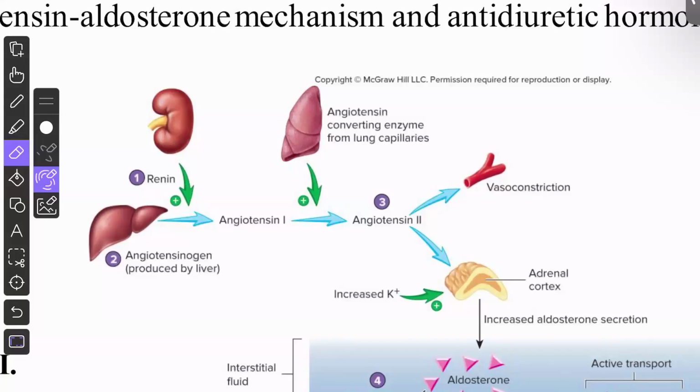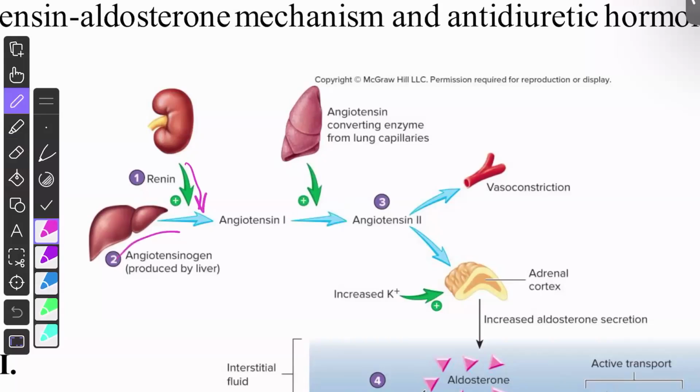Renin is going to meet up in the blood with angiotensinogen, which is produced by the liver, which is going to then get converted into angiotensin 1. That blood is going to run through the lung and encounter angiotensin converting enzyme, which is going to turn it into angiotensin 2. Angiotensin 2 is a vasoconstrictor.